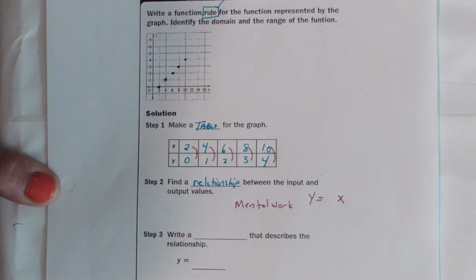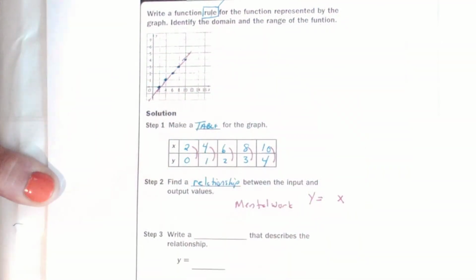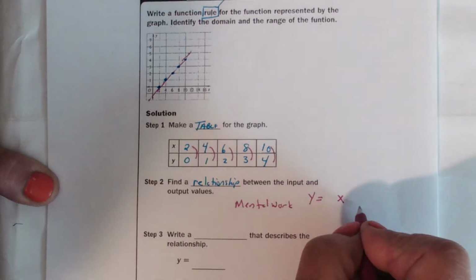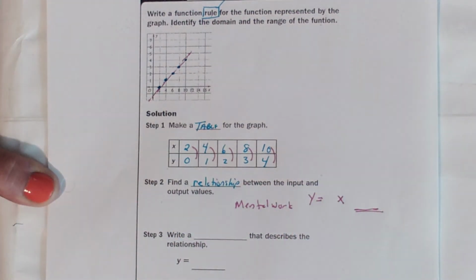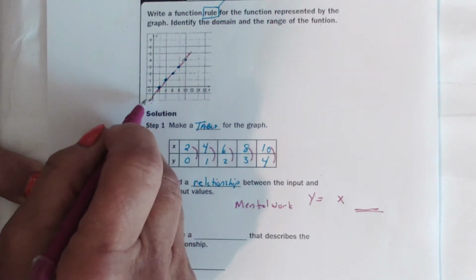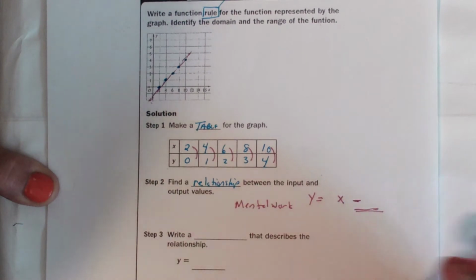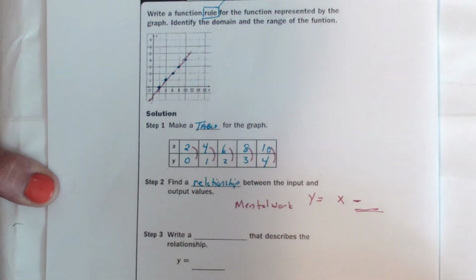Now I'm going to give you a little bit of a tip. If we draw this line, and we know we're going to add a number, and we see this line, remember the y-intercept? So we know this number is going to be a negative number. Okay, so it's going to be minus something.